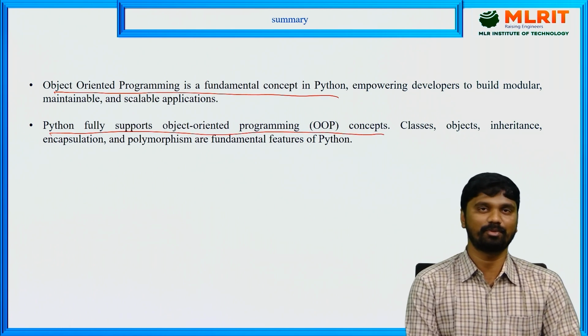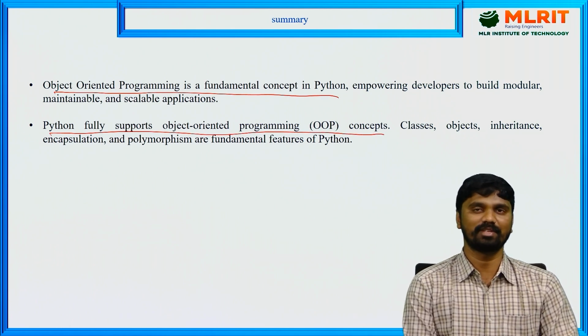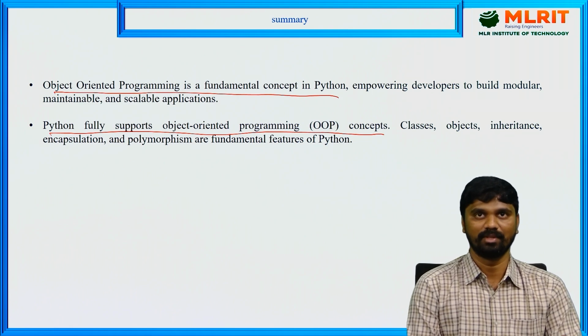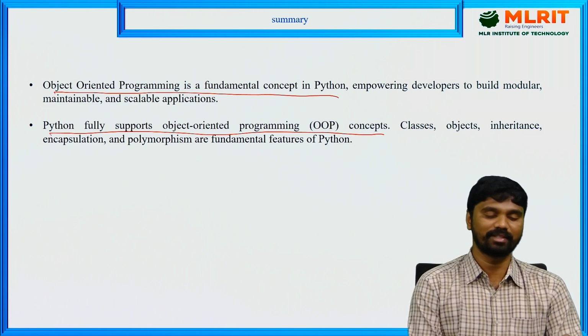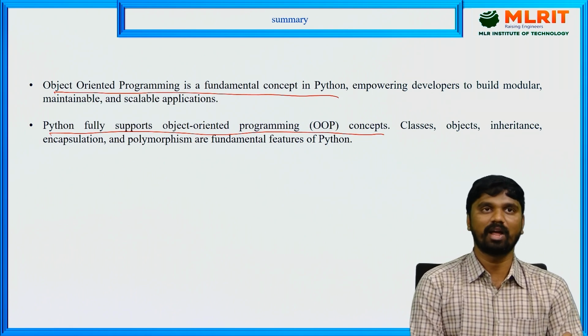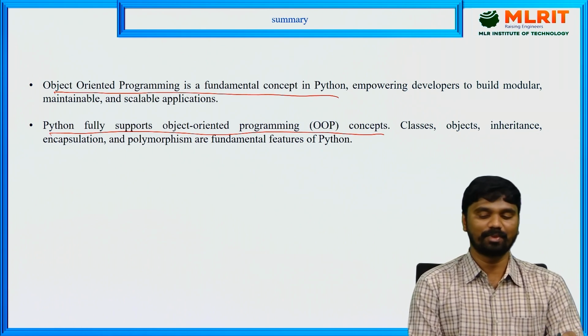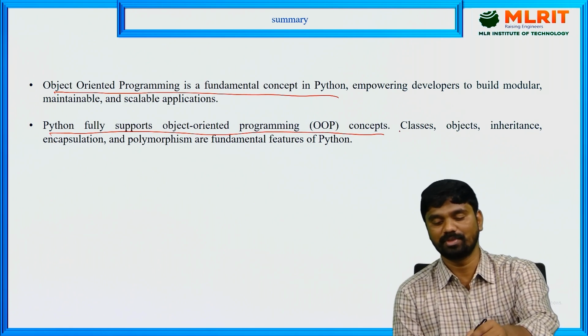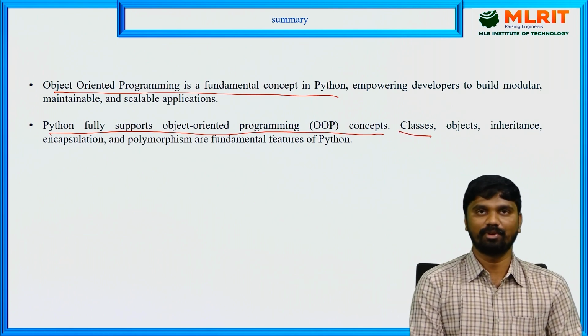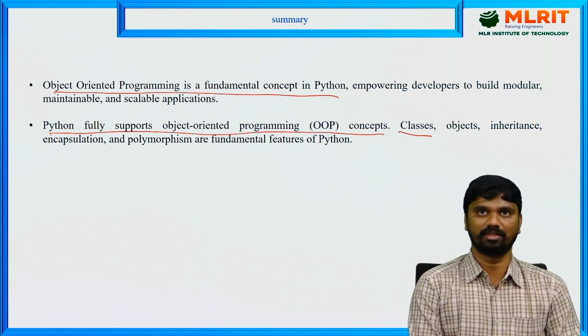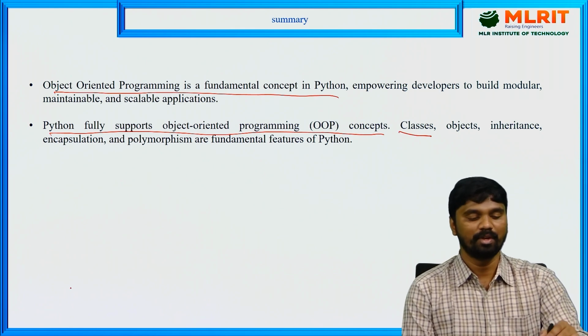Fully supports means that some programming languages do not support the inheritance concept, or the full OOPS concepts. But Python supports class, objects, inheritance, encapsulation, and polymorphism.